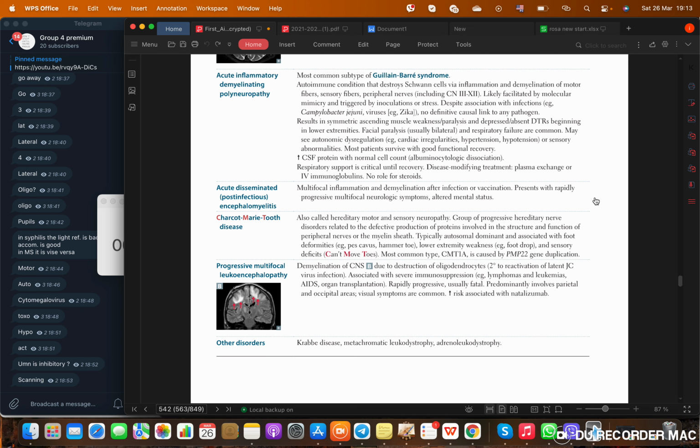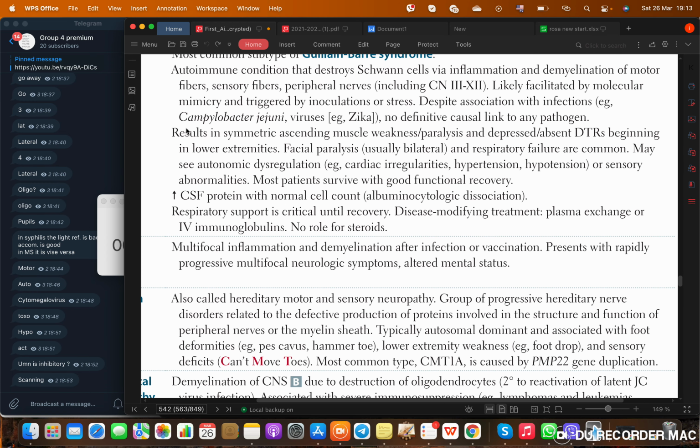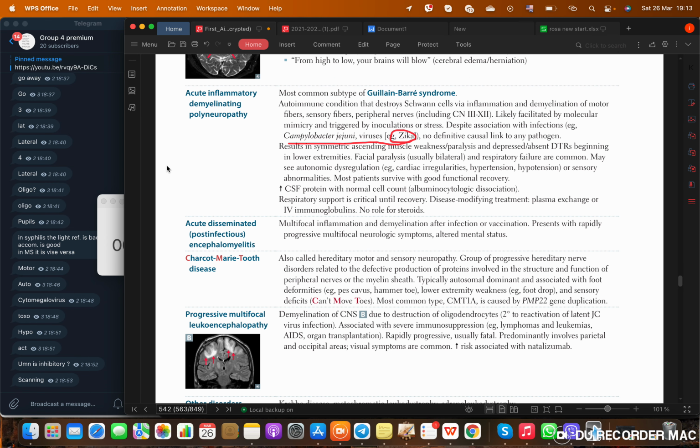It occurs despite association with infection, like Campylobacter jejuni and viruses like Zika virus, in addition to orthomyxovirus, the causative agent of influenza. There is no definitive causal link to any pathogen exactly, but in the USMLE, they love to make this equation with Campylobacter jejuni and Zika virus.